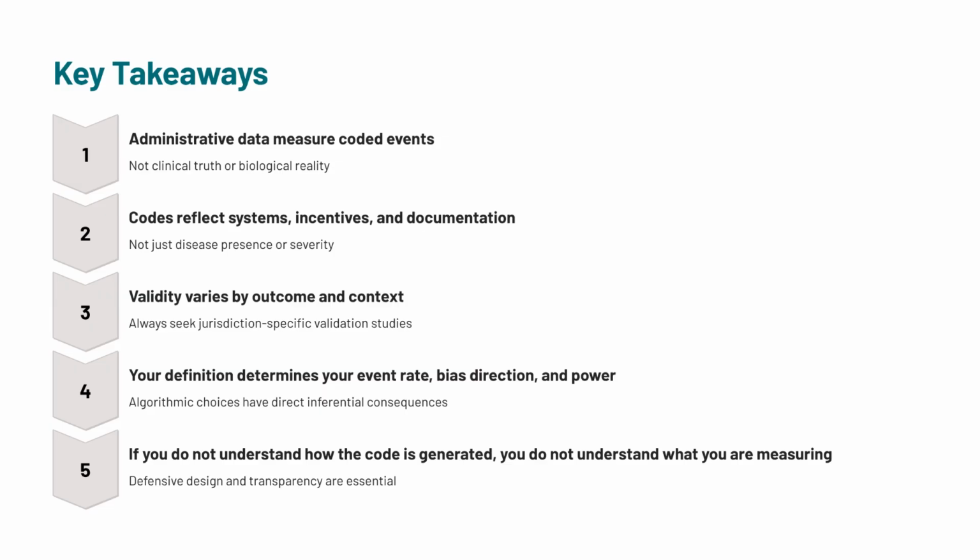Your definition determines your event rate, bias direction, and power, so algorithm choices are not just technical details. And the final takeaway is simple. If you do not understand how the code is generated, you do not understand what you are measuring. Use transparency, validation evidence, and sensitivity checks to keep your pragmatic trial conclusions credible.